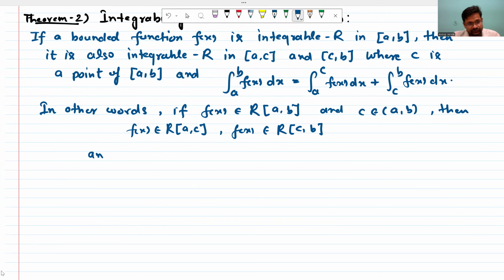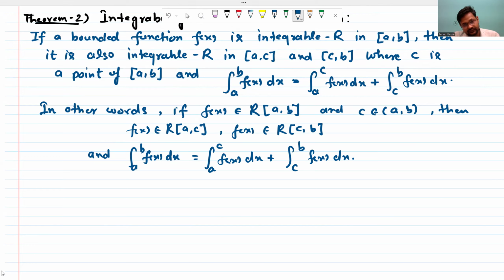And we also have that the integral from a to b of f(x) dx is equal to the integral from a to c plus the integral from c to b of f(x). Got it? So this we also learn for the definite integral as well. All the results which we have learned for definite integrals came from the integrability conditions.